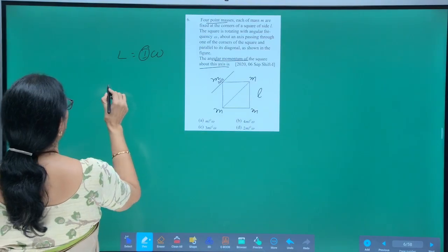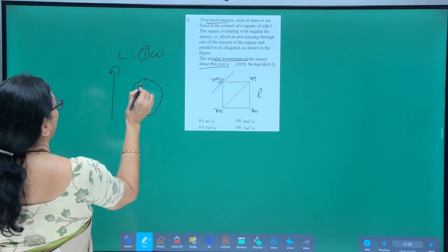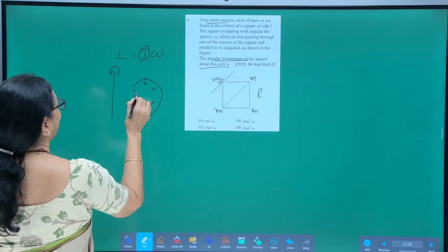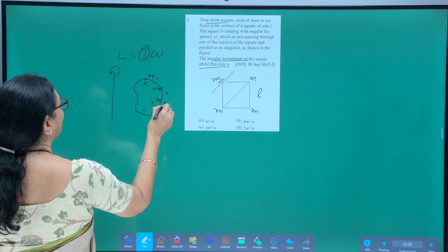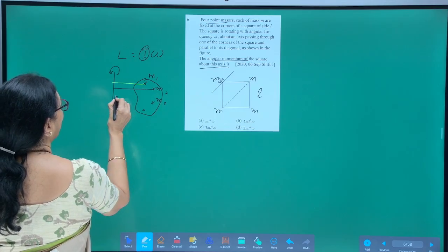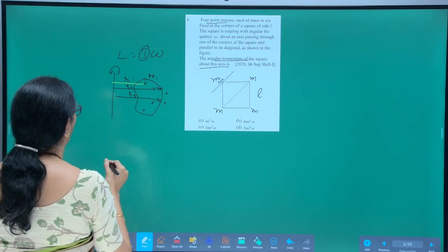Suppose this is a rigid body, and this is the axis of rotation. It has a number of particles, say m1, m2, m3, and so on, at perpendicular distances r1, r2, r3, and so on.